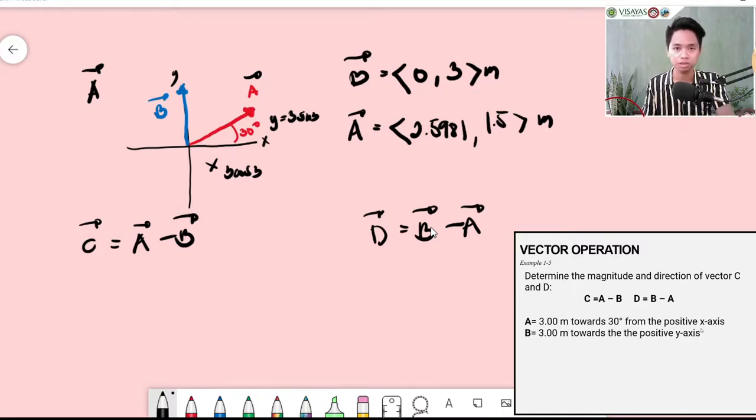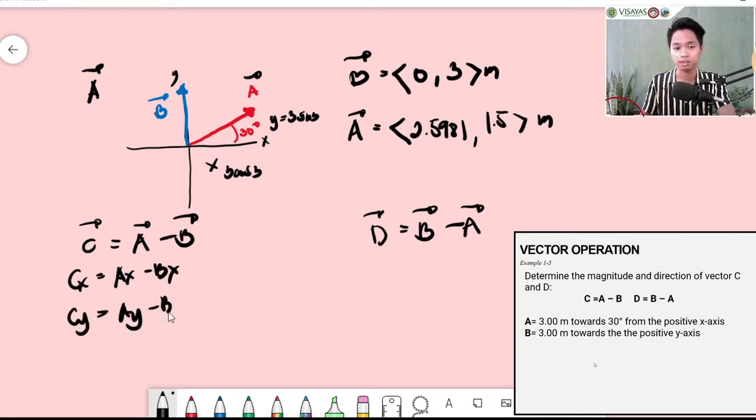Now, if na-express na mo siya in component form, then you just perform simple algebraic operations. Now, for example, C, since A minus B man na siya, your CX would just be AX minus BX, right? Now, for your CY, that would be AY minus BY. Mora na, ingon ana siya kasayon.